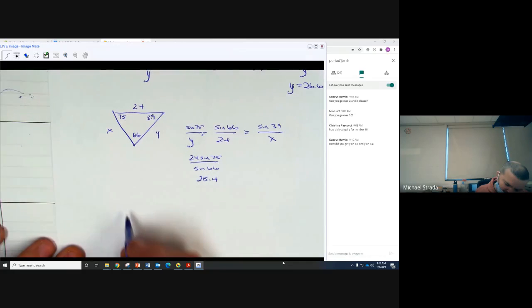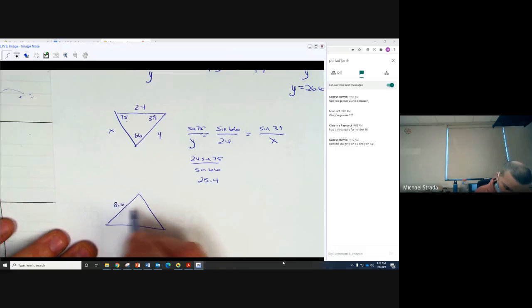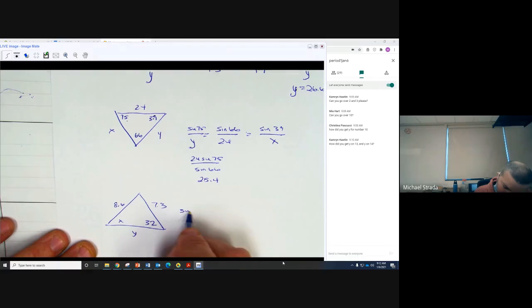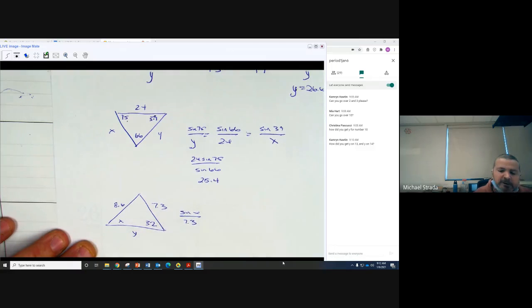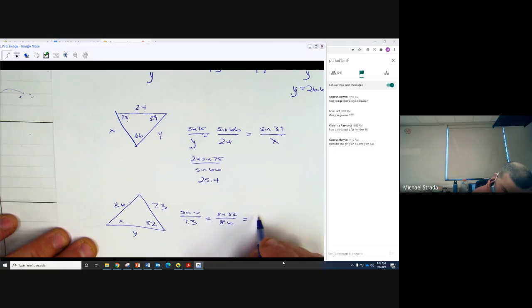And then for 14, similar idea: 8.6, 7.3, y, x and 32. Sine x over 7.3 equals sine 32 over 8.6; that's how I'm going to get x.